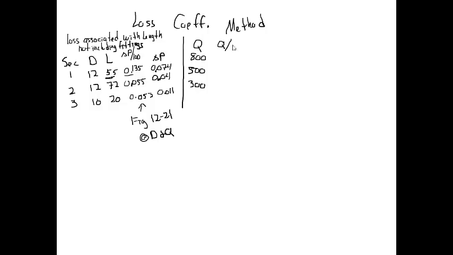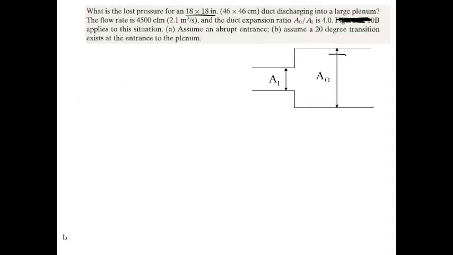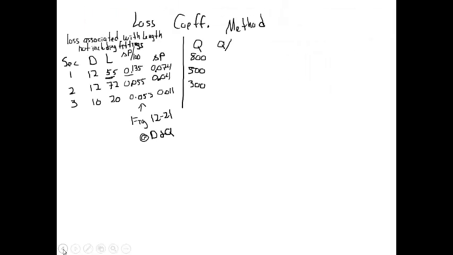The next thing we're going to have to know at some point is also our flow ratio. What do I mean by flow ratio? I mean the flow of the section in question to the flow of the section prior.